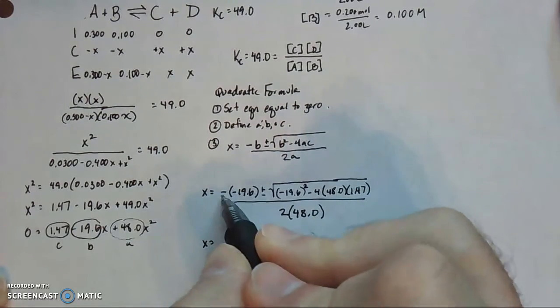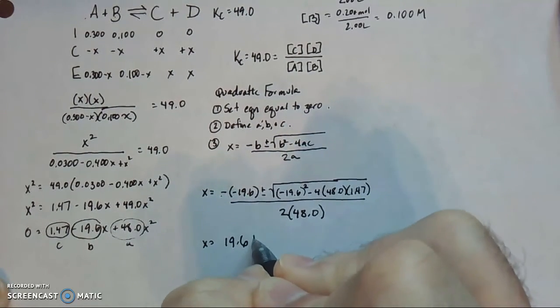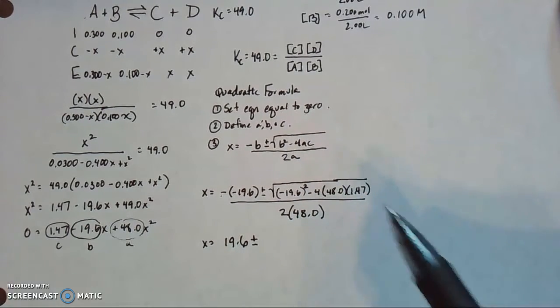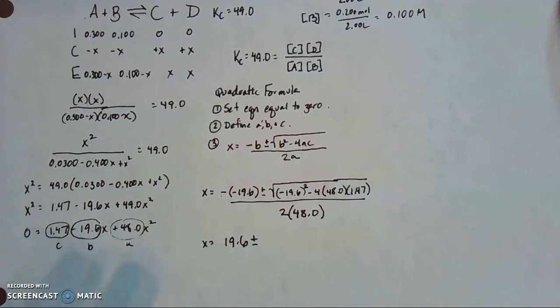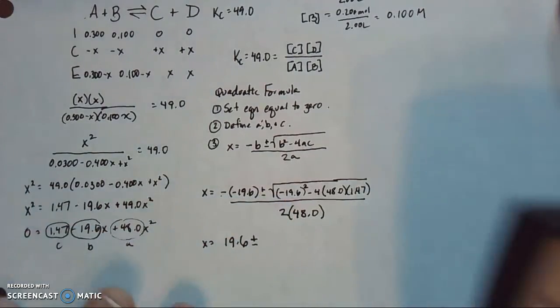So I know that a negative times a negative is going to be a positive. So we have this. And then I am going to put this in a calculator a very special way because we have to be very careful about order of operations, especially when we're taking this negative squared.